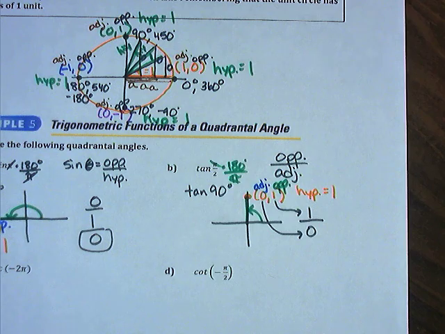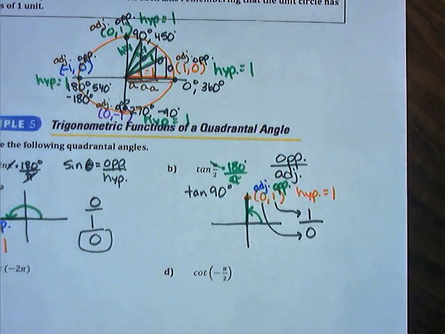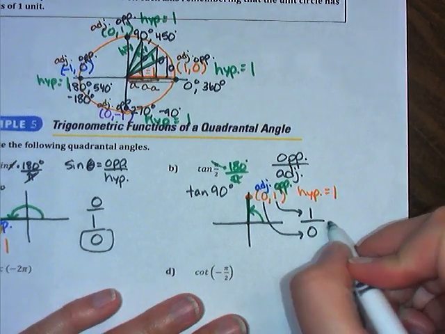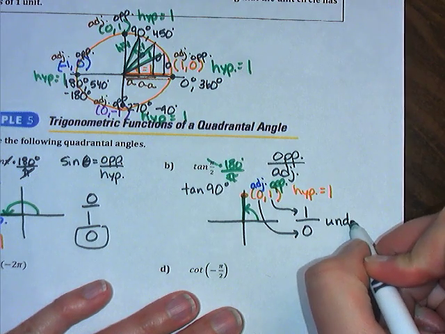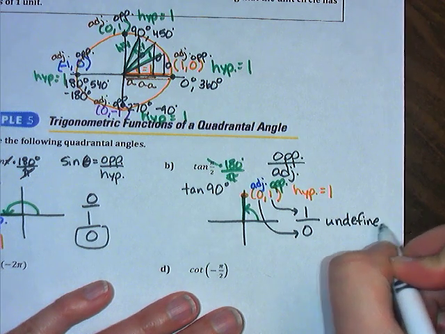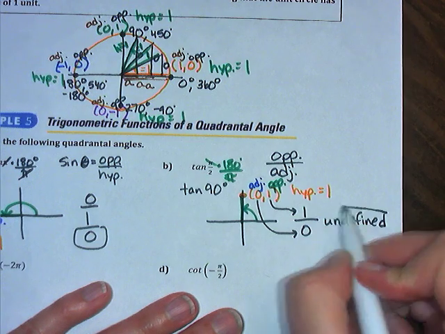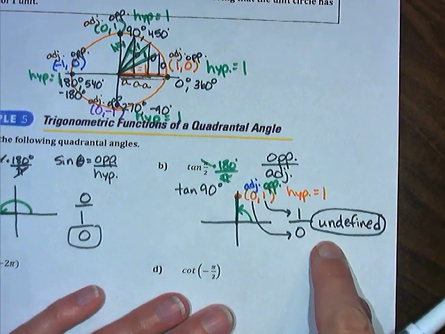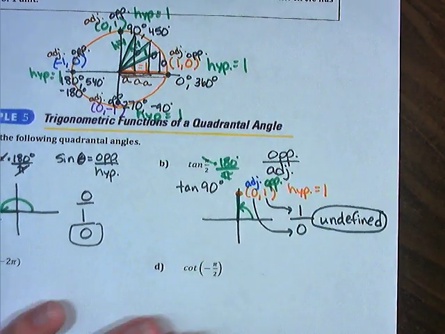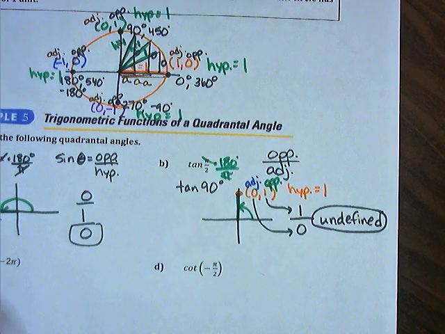We know that we can't divide by 0. If we type it into the calculator, it gives us an error. So what we put here is this is just called undefined. When we get to graphing, you'll actually have an asymptote on the tangent graph because it's undefined at certain places.